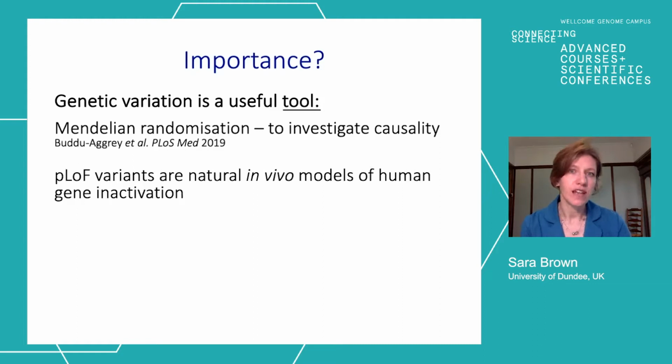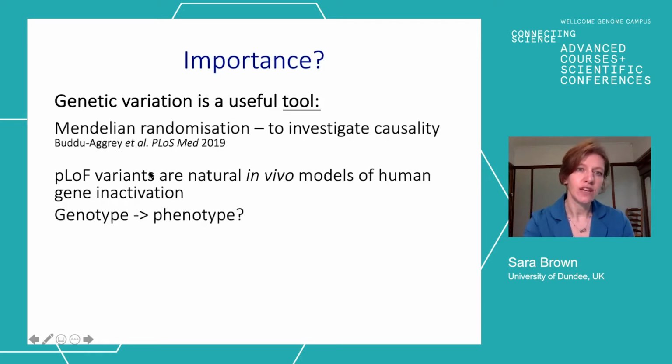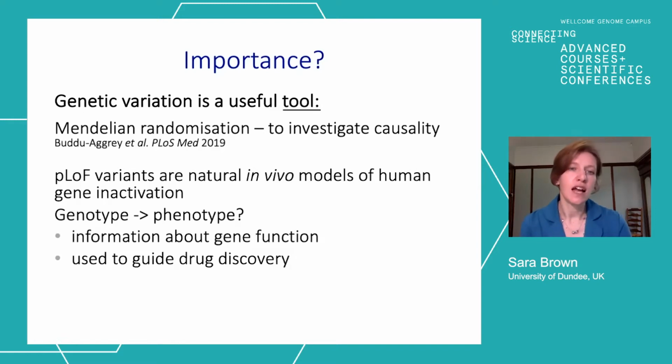Another important use of understanding variants is that predicted loss of function variants are a natural in vivo model of human gene inactivation. So it's a really good way to understand how genotype leads to phenotype by studying humans that have those mutations. It gives us information about the gene function. And recently it's also been used to guide drug discovery.